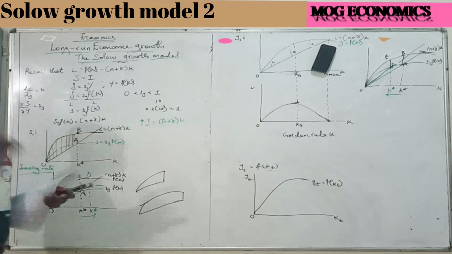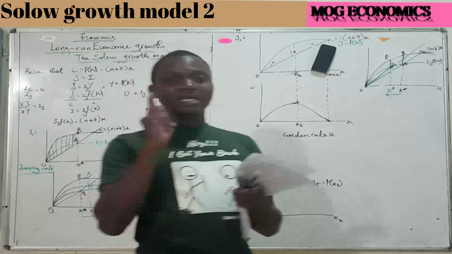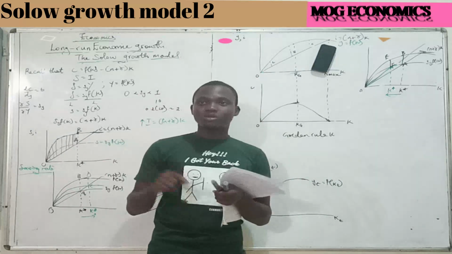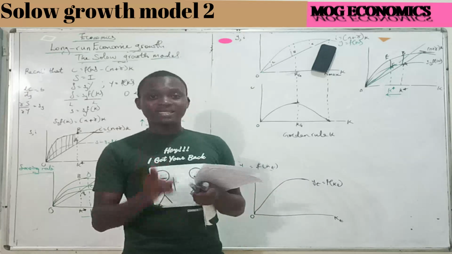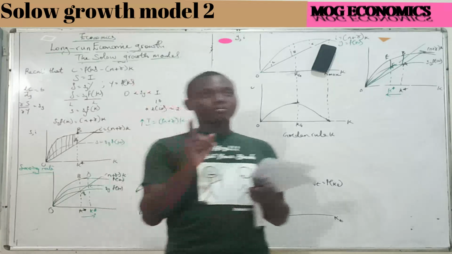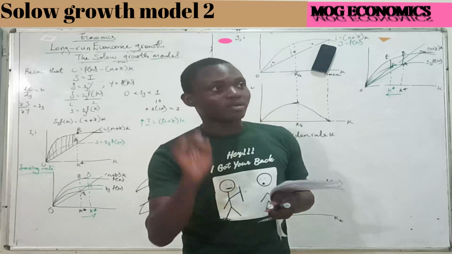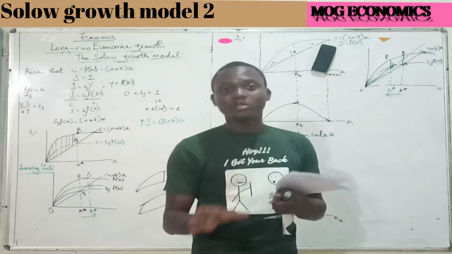An increment in productivity is going to lead to an increment in the standard of living of countries in the long run. That is why the Solow model concludes that the only thing that determines long run growth rate and long run standard of living is productivity growth rate.